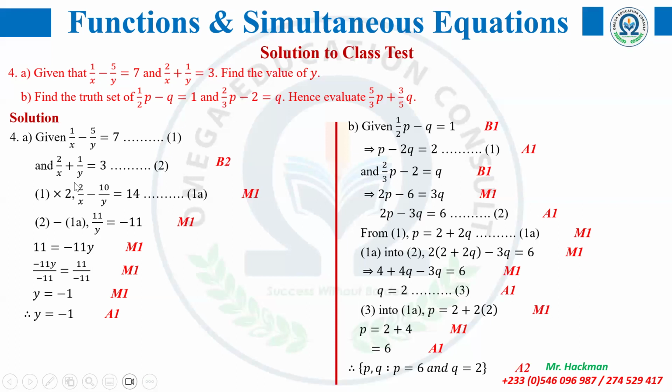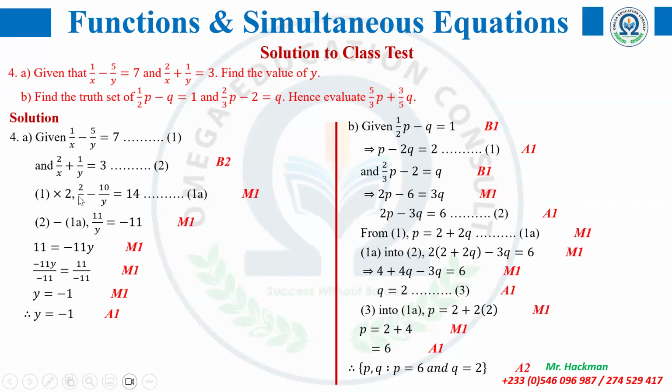Now, which of the letters am I supposed to find its value? If I want to use the elimination method, I have to eliminate x. If I use the substitution method, then I have to make x the subject. So I decided to use the elimination method.